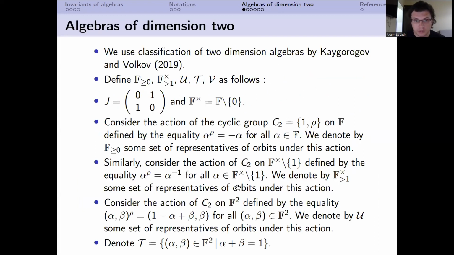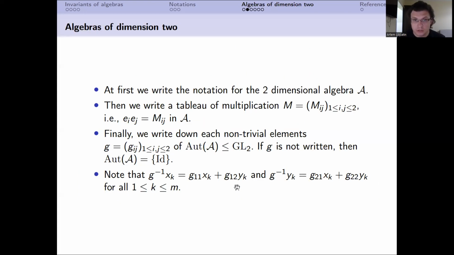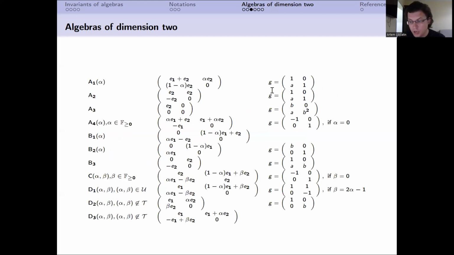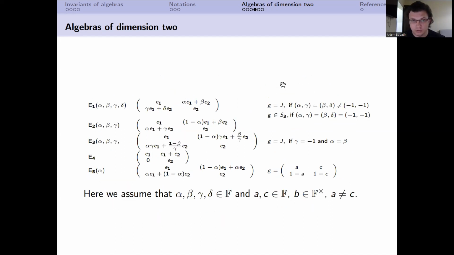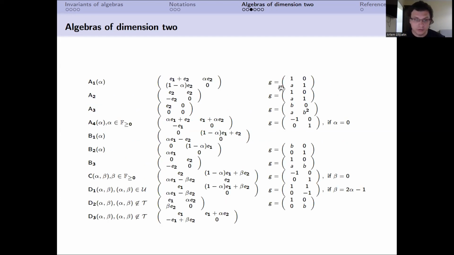Essentially, what does it mean if we have x_k? It acts as follows: we look at the first line and consider the action of the element g over epsilon. We are looking at the second line.